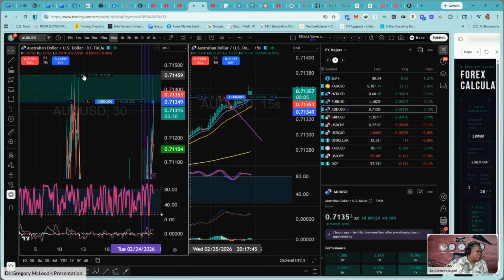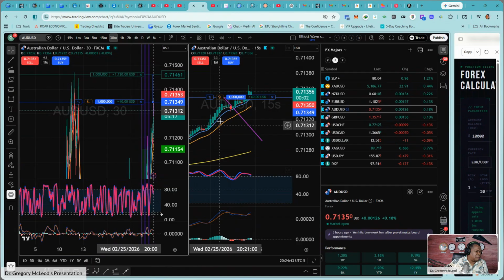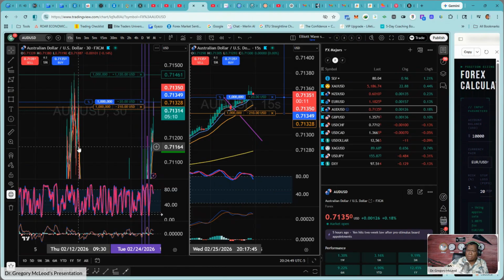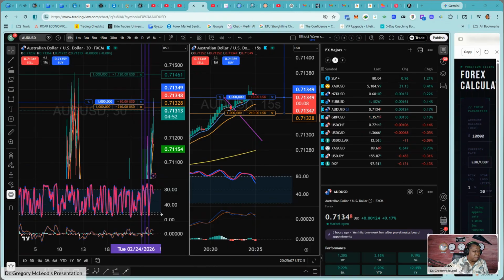Big problem could be. The euro is really moving.